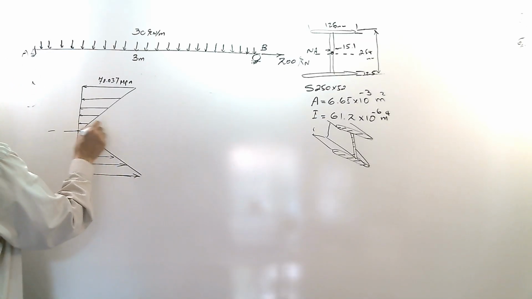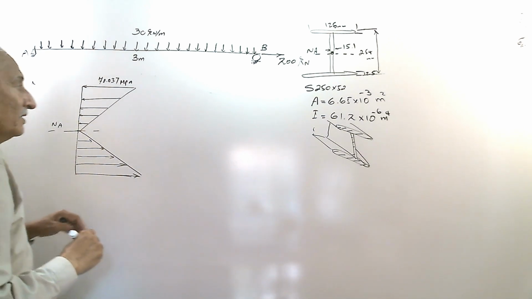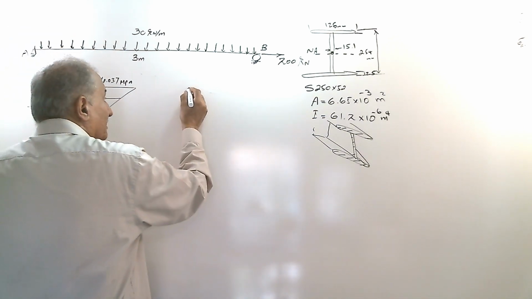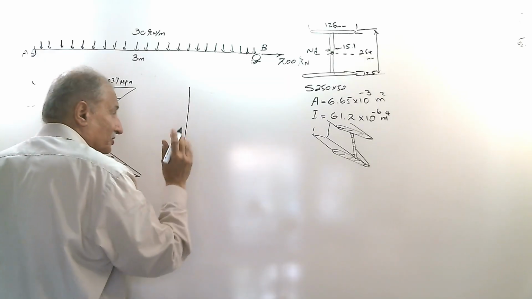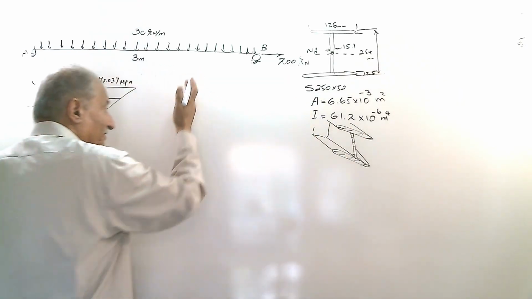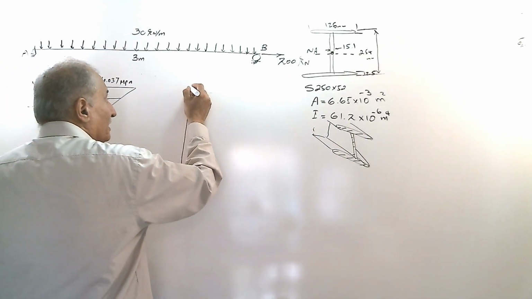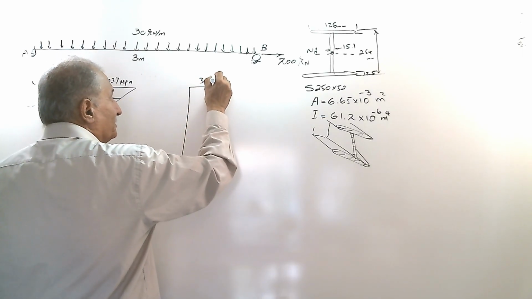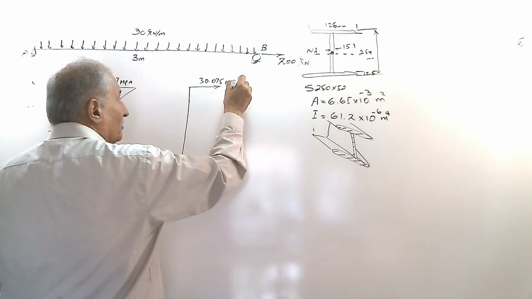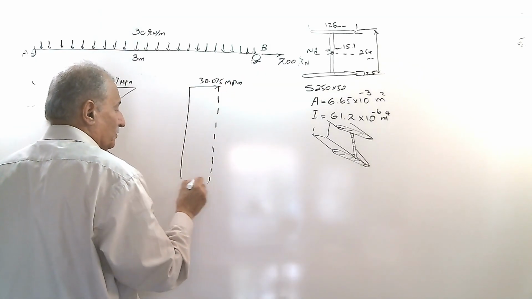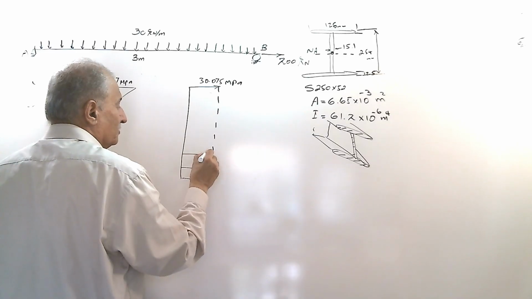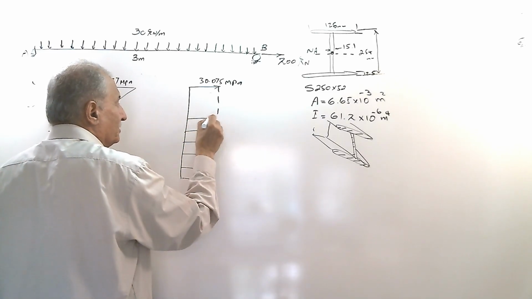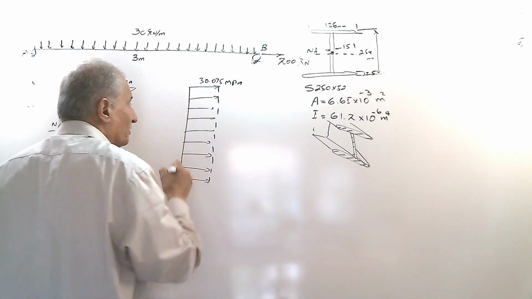This is the neutral axis. For the axial loading, again, I draw the cross section, this surface, and represent it as a line. And I have 30.075 megapascal, uniform through the section of the beam.